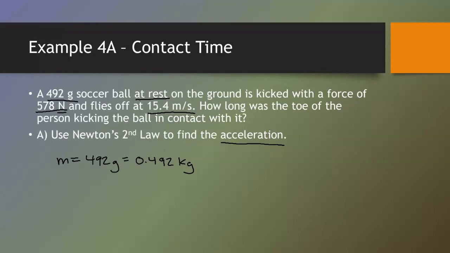Now to find the acceleration, thanks to Newton's second law, the force is equal to the mass times the acceleration. The force is 578 newtons. The mass is 0.492 kilograms. And so the acceleration we can find by dividing by 0.492.